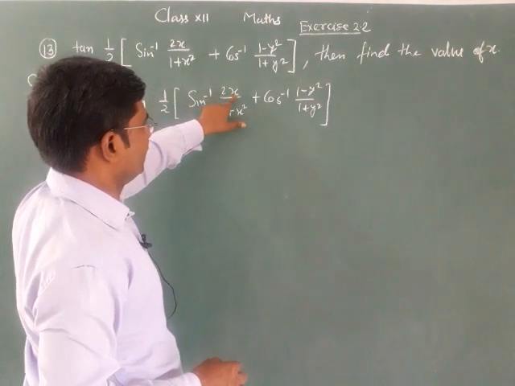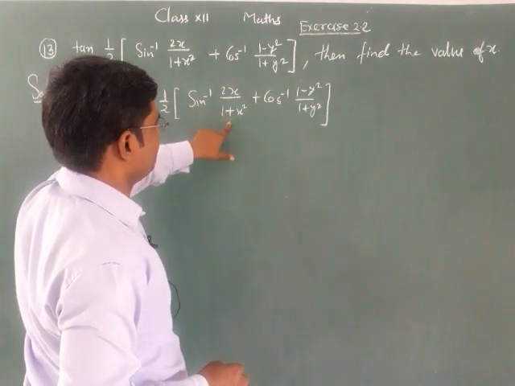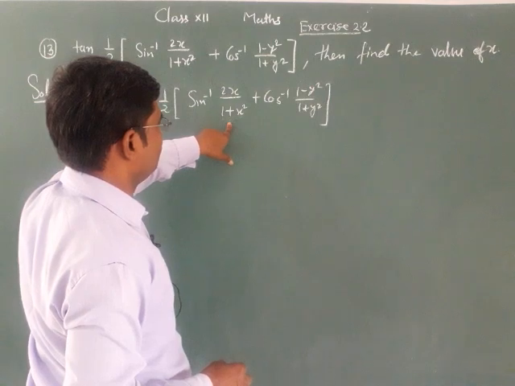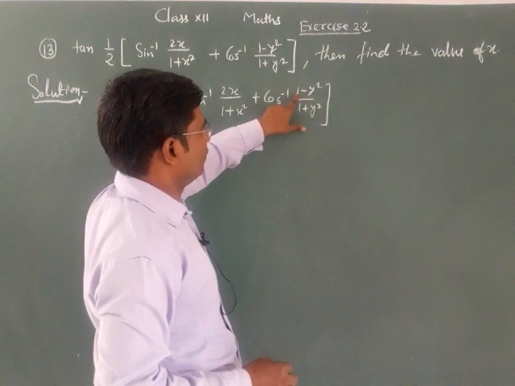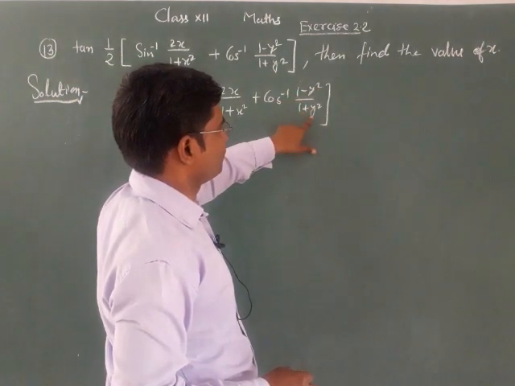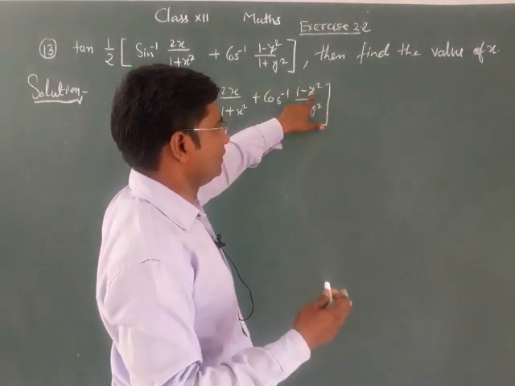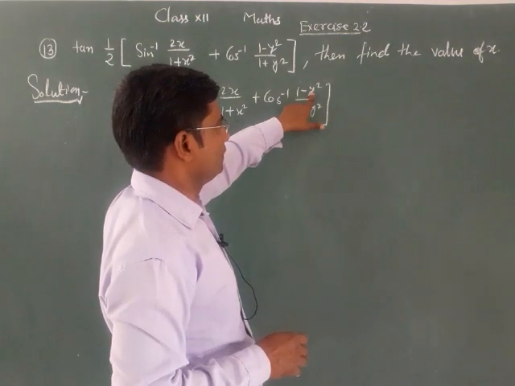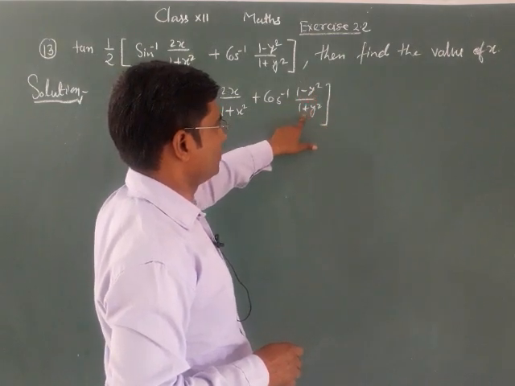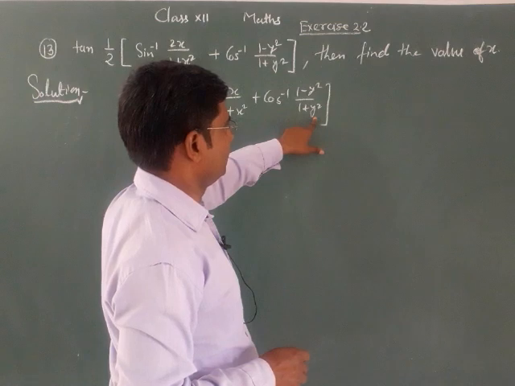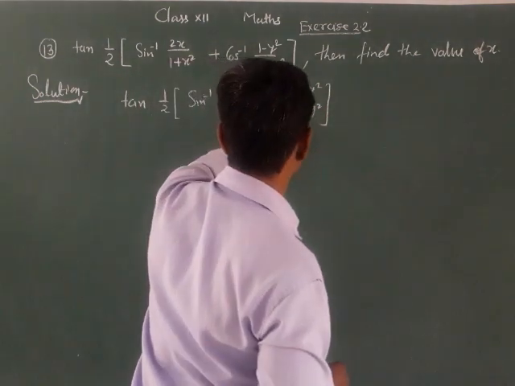So 2 tan θ/(1+tan²θ) is the formula of sin 2θ. In the same way, for (1−y²)/(1+y²), put y as tan θ: (1−tan²θ)/(1+tan²θ) is the value of cos 2θ.